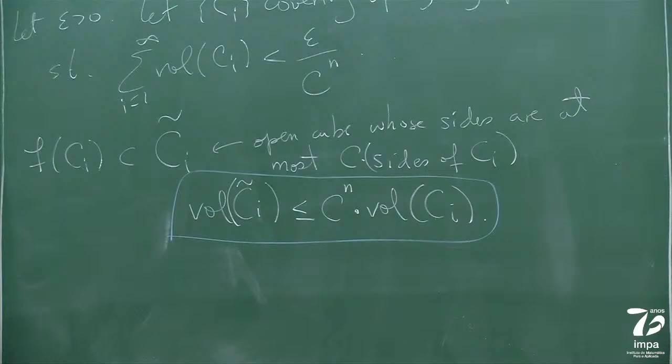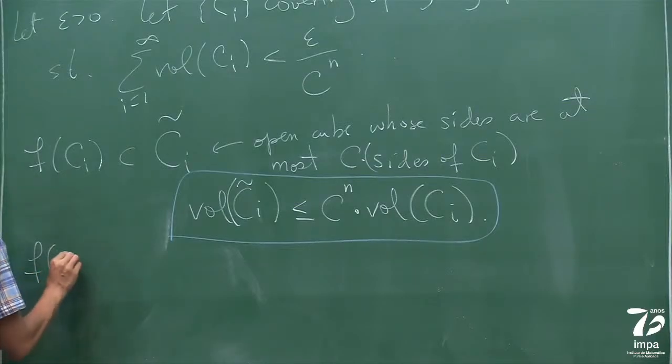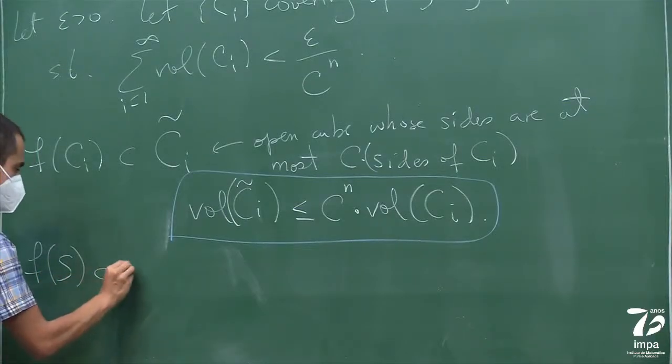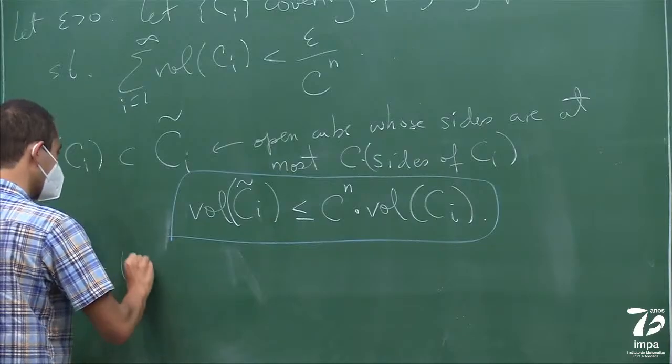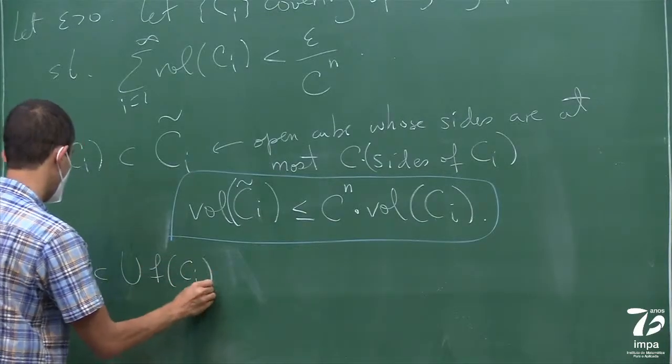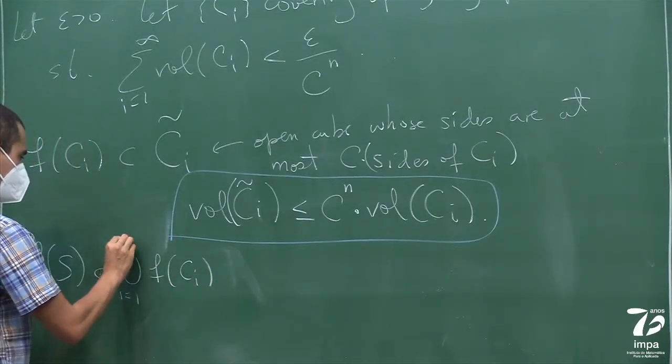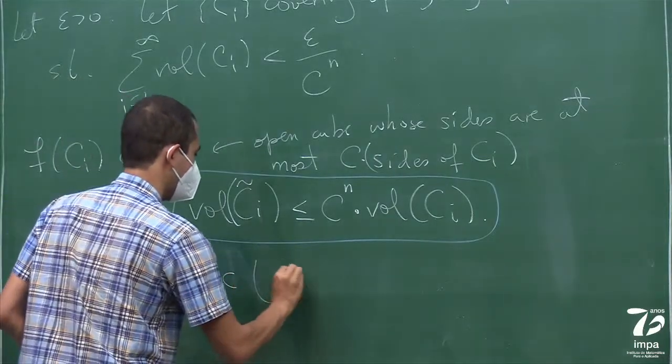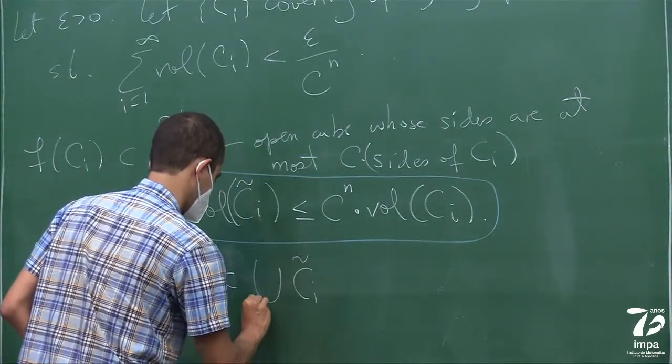So now you use ci tilde to cover the image. So f of s is now contained in the union of f of ci, which is contained in the union of ci tilde.